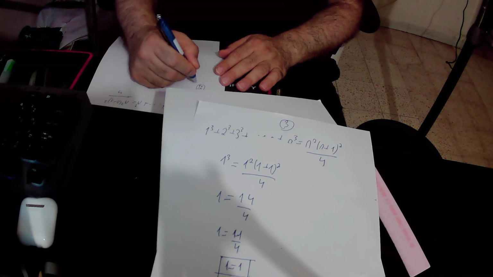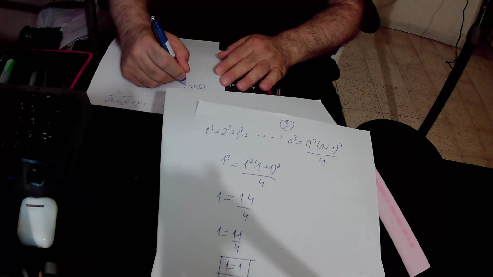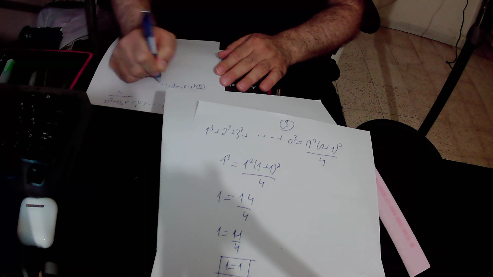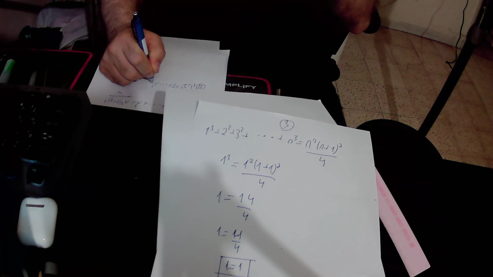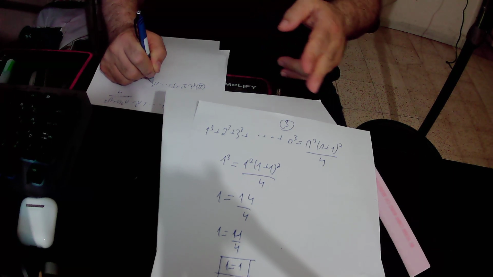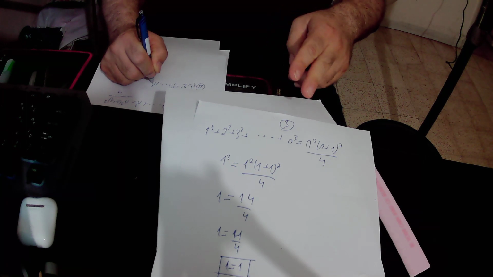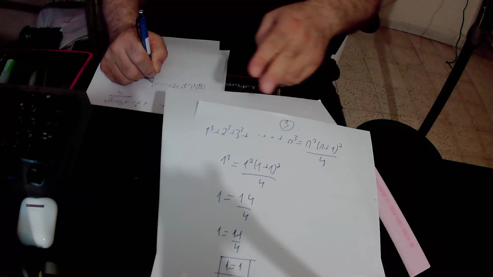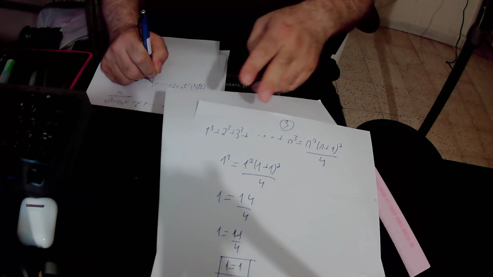That is to say, 1 to the power of 3 plus 2 to the power of 3 plus 3 to the power of 3 plus ... plus n to the power of 3. So we will go until 1, 2, 3, until n plus 1.